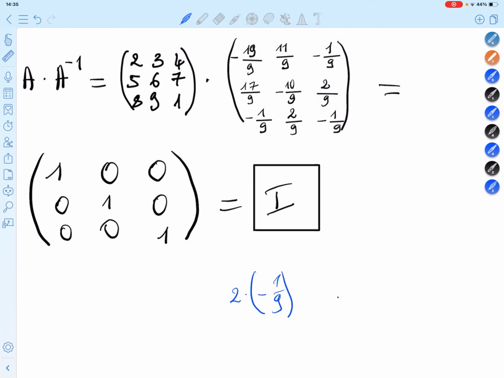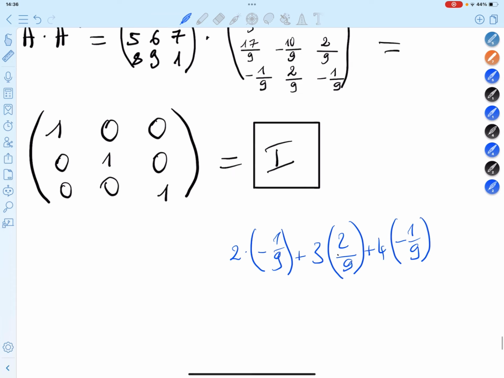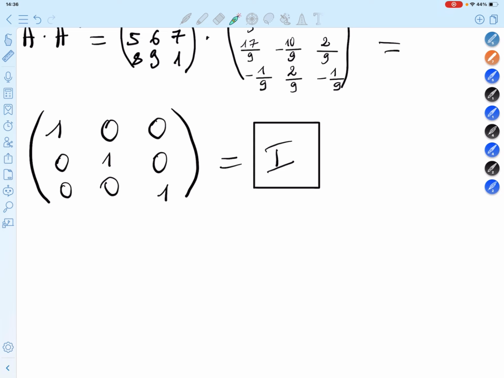So 2 times minus 1 over 9 plus 3 times 2 over 9, then plus 4 times minus 1 over 9. That would give me minus 2 over 9, then plus 6 over 9, then minus 4 over 9, which is 0, because minus 6 plus 6 is 0. So this one is fine.